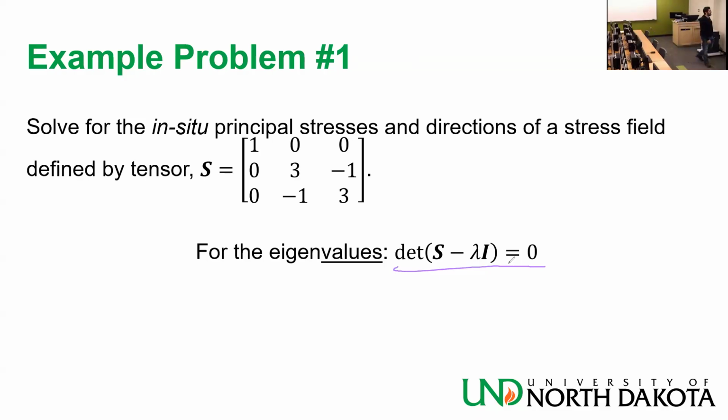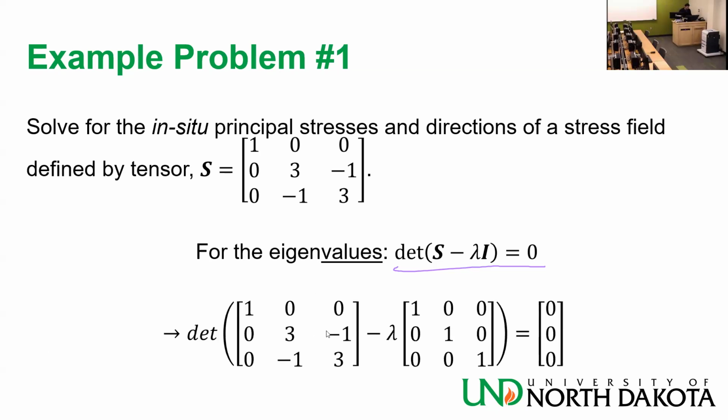I is the identity matrix, all zeros except the diagonal, which is 1. And S is the tensor that is given. This is basically what I just said, in matrix form.